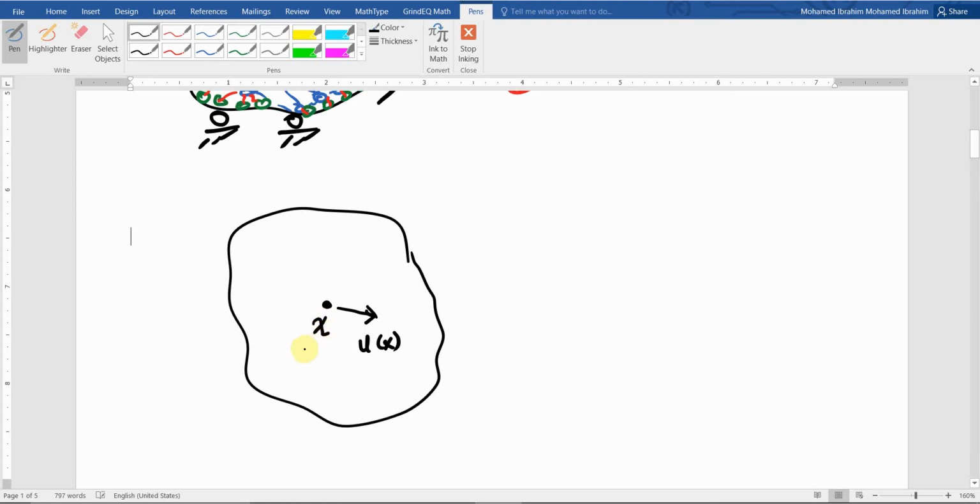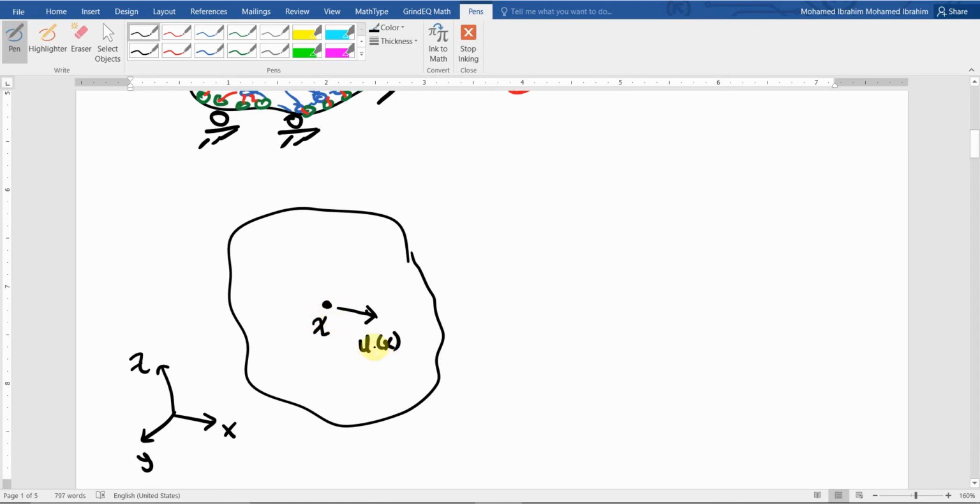So this is x, this is the location, and this x should be a vector if we talk about three-dimensional space, like the x, y, and z directions in 3D. So assume that you have a point in classical mechanics. This is a particle of this material, right, located at a point x.